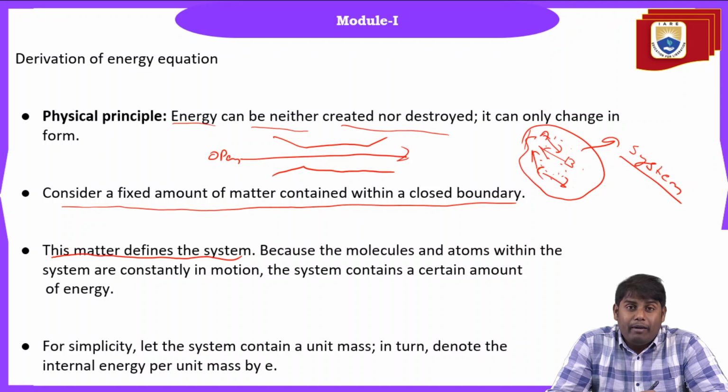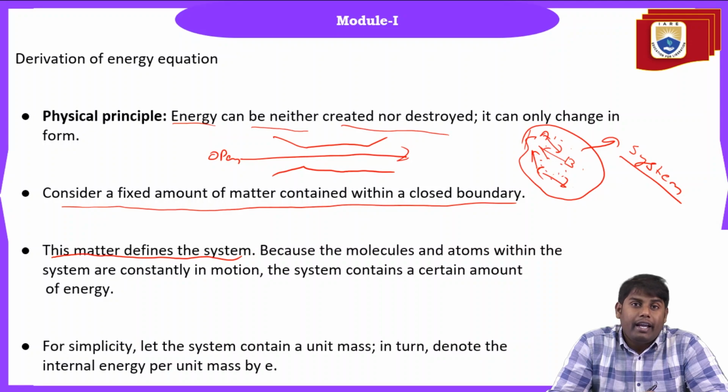When they move randomly, their interaction with the walls and the other molecules will certainly change their energy. These energy transactions, or energy movements, will change the entire system energy.